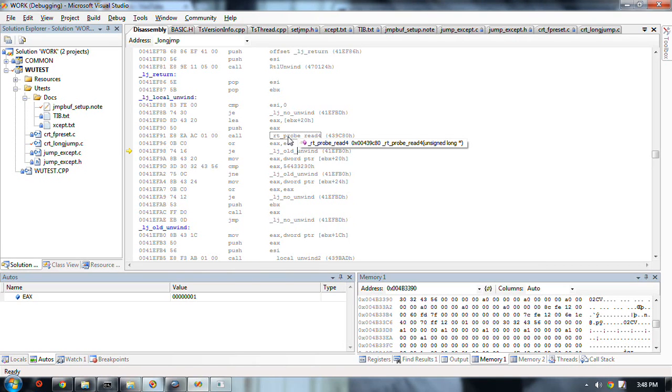This could be one of those functions that returns 0 on success. Oh no, can't be, because it returned a 1, and you can see that I'm able to read 4 bytes worth from this address, so that would be fail. So on the fail case, it goes to old unwind, which we haven't looked at. Didn't fail, succeeded. Now we put that into AX.